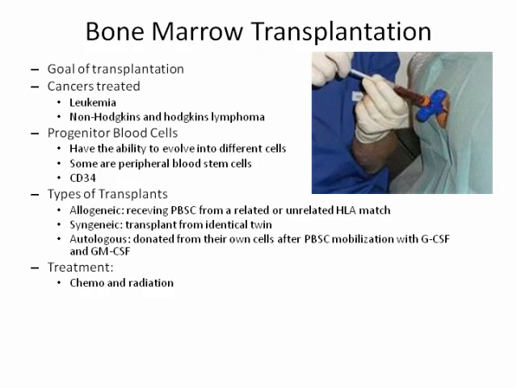So how about bone marrow transplantation? Well, the goal of transplantation is to replace someone's bone marrow stem cells with new stem cells. So if you have a cancerous type of leukemia and your bone marrow keeps producing more and more malignant cells, what they need to do is destroy all of those cells within your body as best they can with chemotherapy.